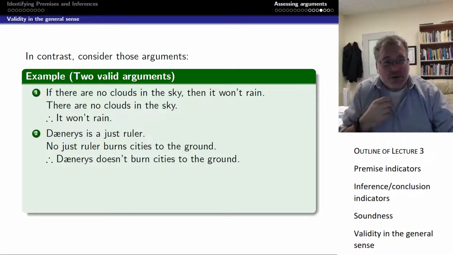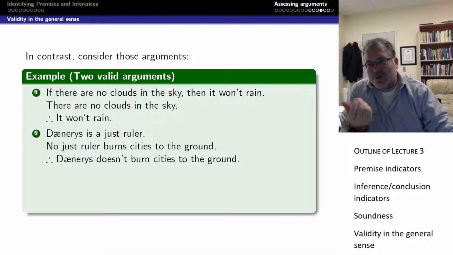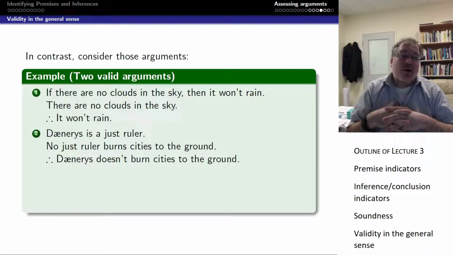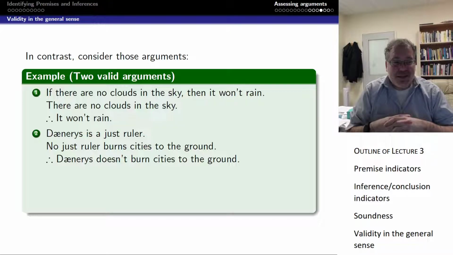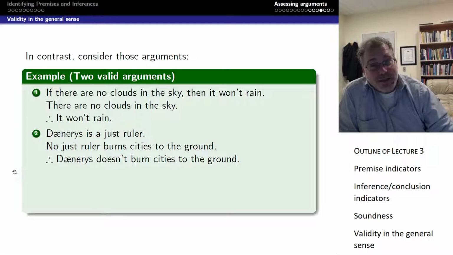A little one from Game of Thrones here. Daenerys is a just ruler. No just ruler burns cities to the ground. Therefore, Daenerys doesn't burn cities to the ground. Now, I'm not going to tell you whether the premises are true or false.